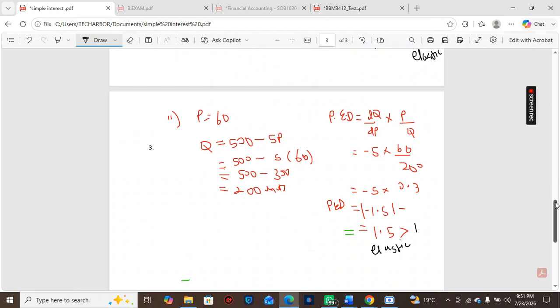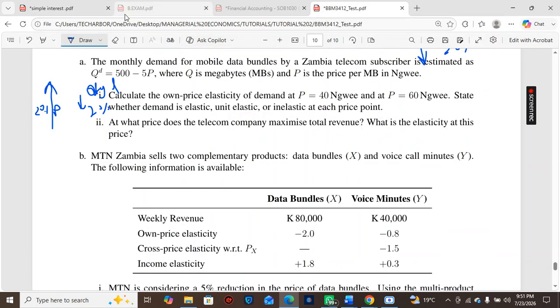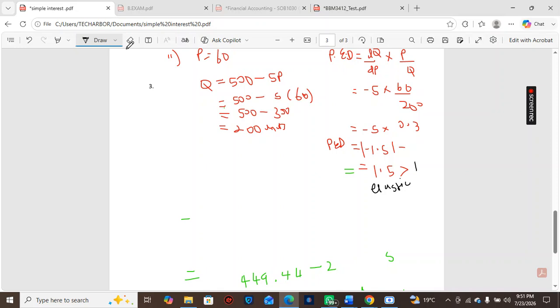First things first, this is part 3, part 2. First things first, colleagues, we need to get our total revenue function. Total revenue equals price times quantity.